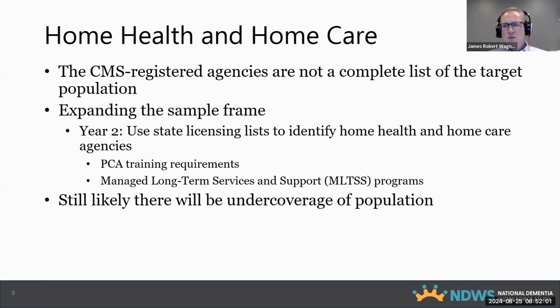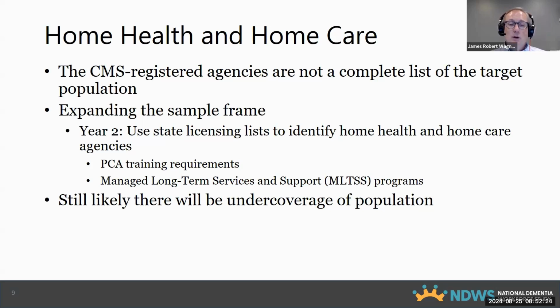Now, across these two types of regulatory requirements, about 40 states have one, the other, or both of these types of regulations. So not all states have these regulations, and it means in some states it's going to be difficult to assemble lists of home care agencies. So that's why that last bullet says there still likely will be undercoverage of the population.